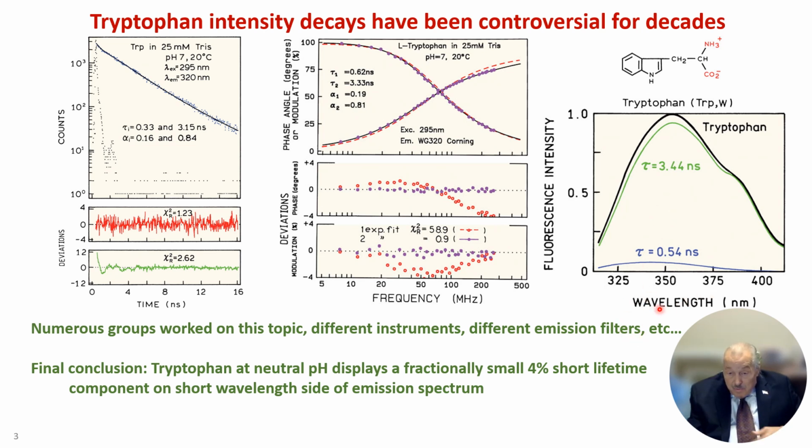Shown here is 3.4 and 0.5 nanoseconds, but the intensity of the short lifetime component contributing to the total intensity is less than 5%. So it's a very small number, and it really didn't matter that tryptophan in neutral pH had two decay times.